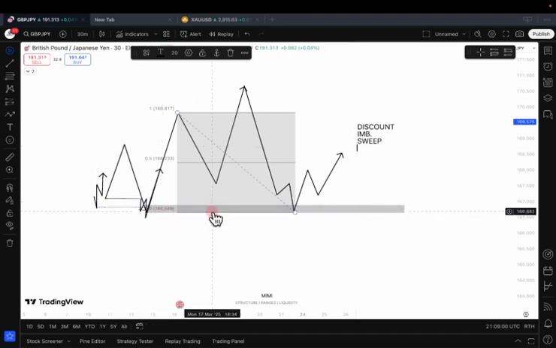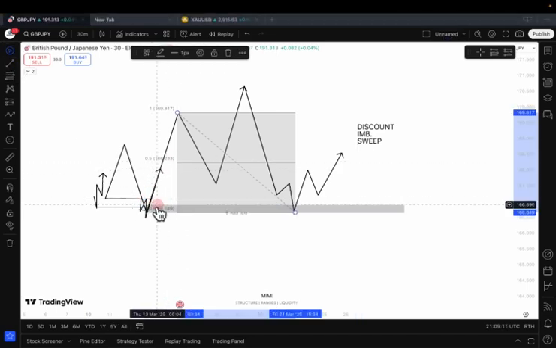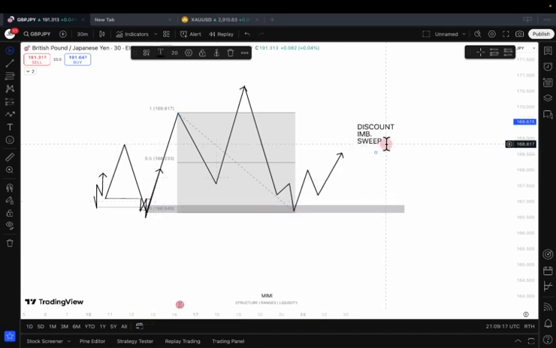Next one, it should break structure. Even if the breaking of structure is internal like this, it should break structure, BOS. Then the next one, compulsorily there should be an inducement, IDM.